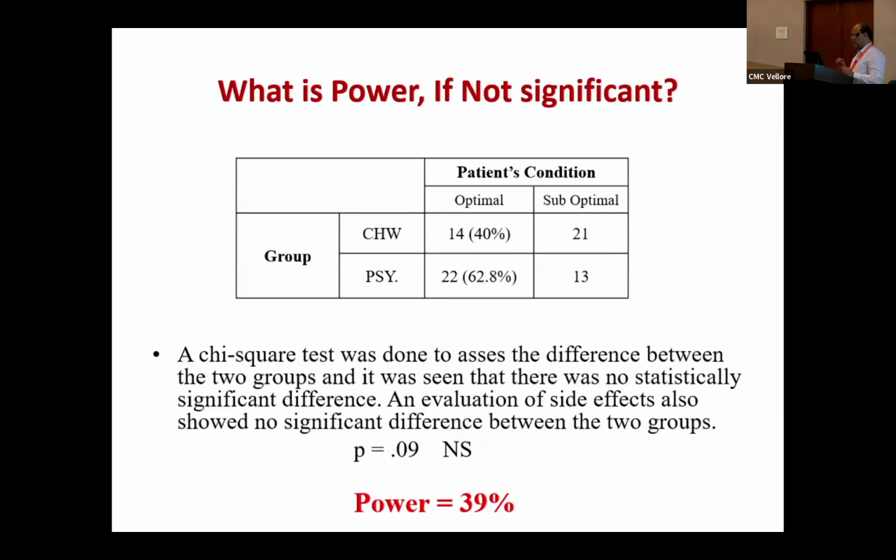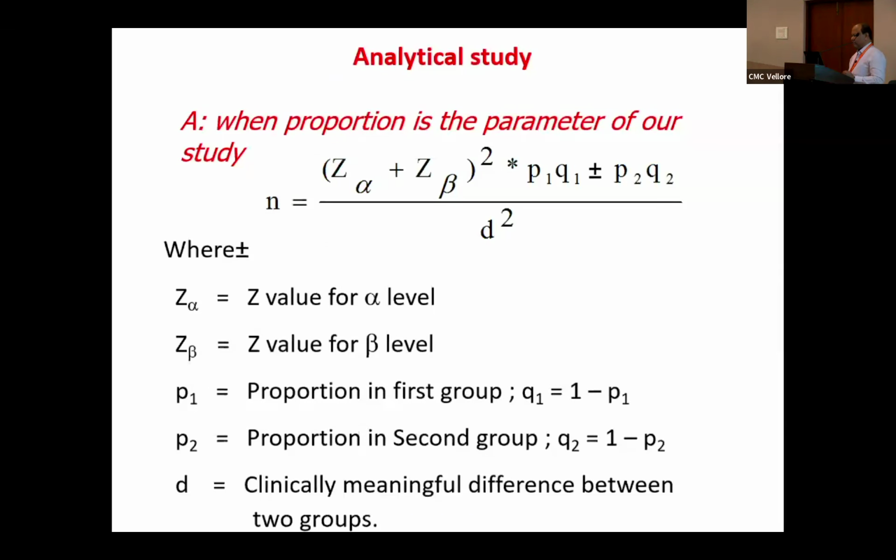Somebody said too much of alpha, beta, delta, etc. Okay. This is the formula. This is the Z value. This is for type 1 error. Alpha means type 1 error. Beta means type 2 error. So usually this is how we write the equation.